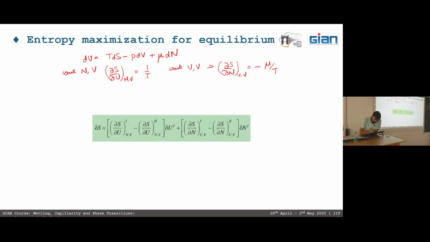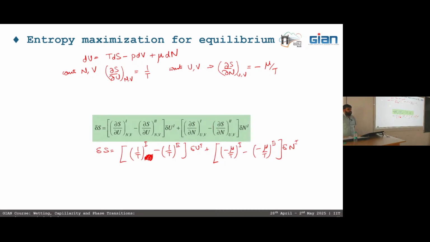Now just replace these del S by del U and del S by del N terms by these variables. What we get is del S is equal to 1 by T for subsystem 1 minus 1 by T for subsystem 2 times del U1, plus minus mu by T for subsystem 1 minus minus mu by T for subsystem 2 times del N1.